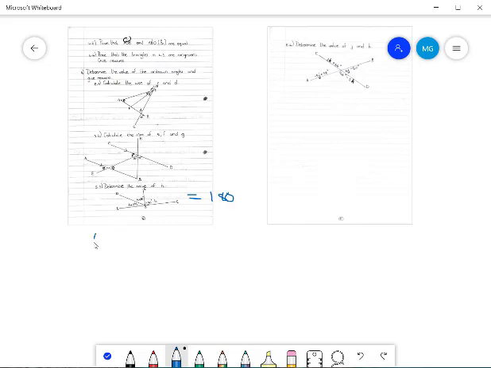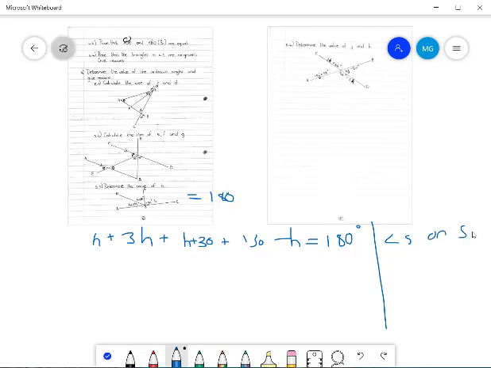So h plus 3h plus h plus 30 plus 130 minus h equals 180 degrees. And your reason, I almost forgot about that, is angles on a straight line equal 180 degrees.